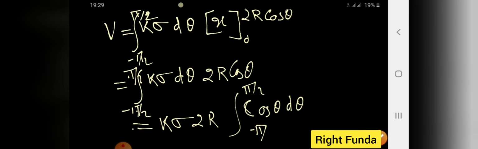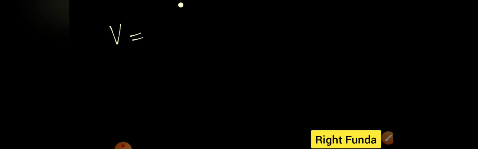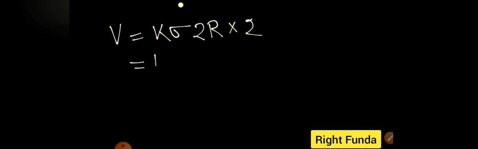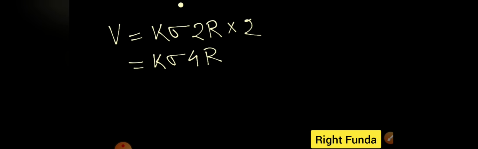So if I put this value, I get V equal to k sigma 2R into 2. So I got the relation k sigma 4R. That is the answer for the potential. I put the value of k, 1 by 4 pi epsilon naught, sigma into 4R.